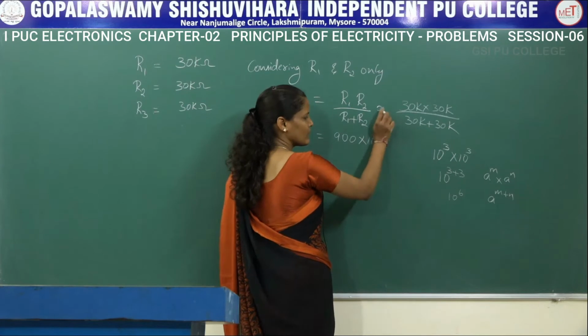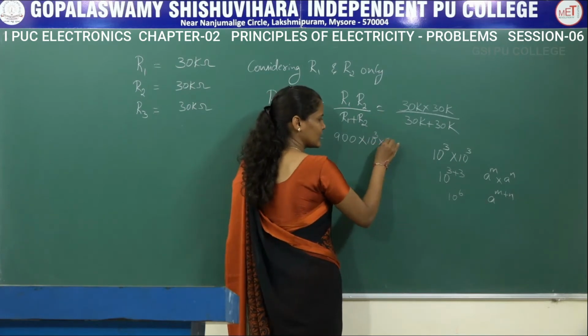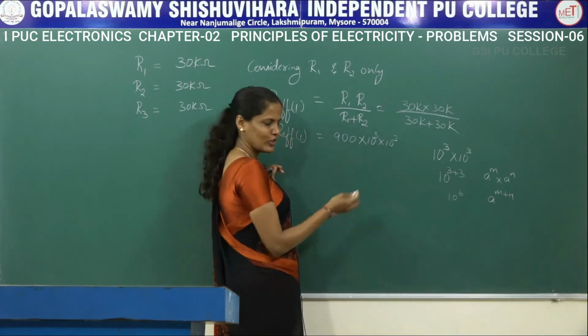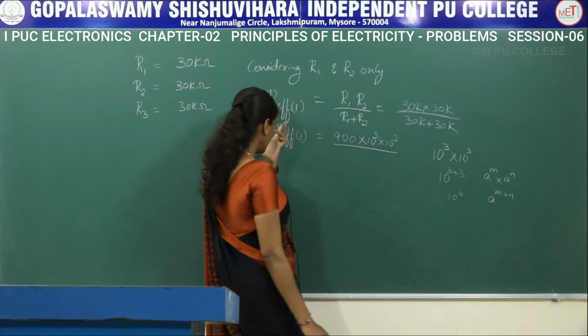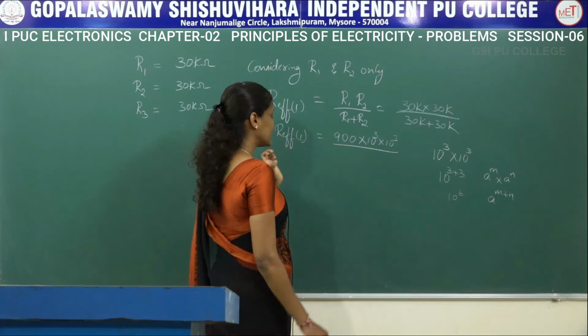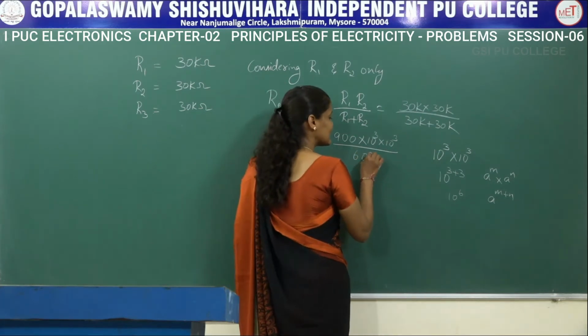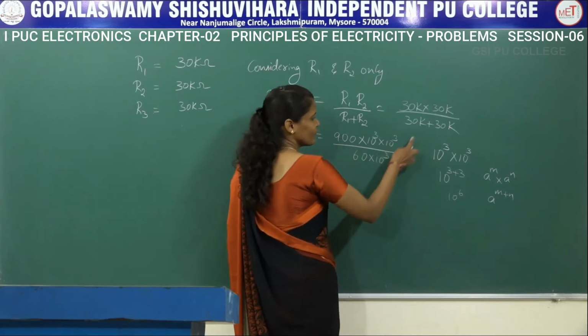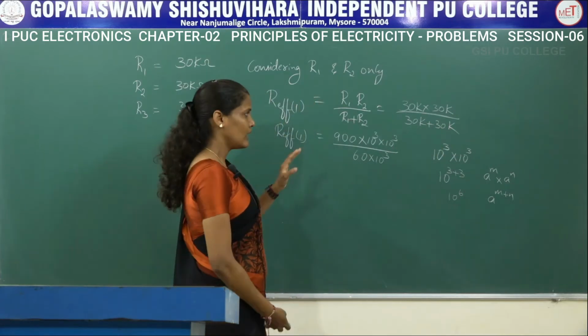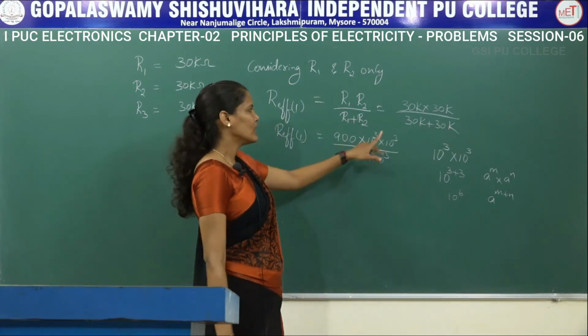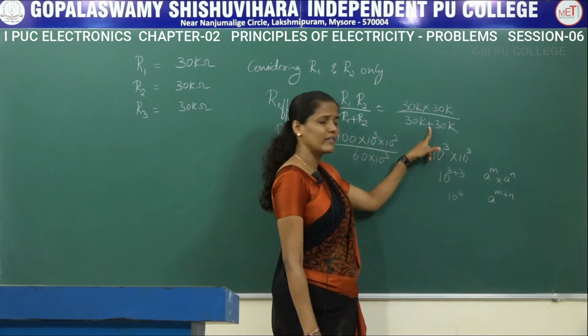Or 10 to the power of 3 into 10 to the power of 3, you can retain it like that. It's left to you. Divided by 30 kilo plus 30 kilo. 30 kilo plus 30 kilo is 60 into 10 to the power of 3. Since there is a plus symbol, we do not add or subtract the powers.